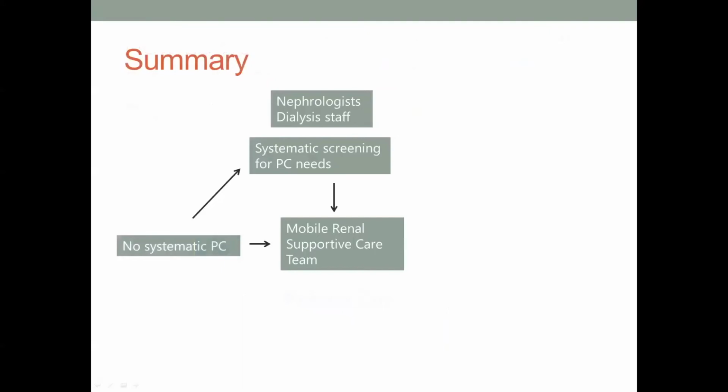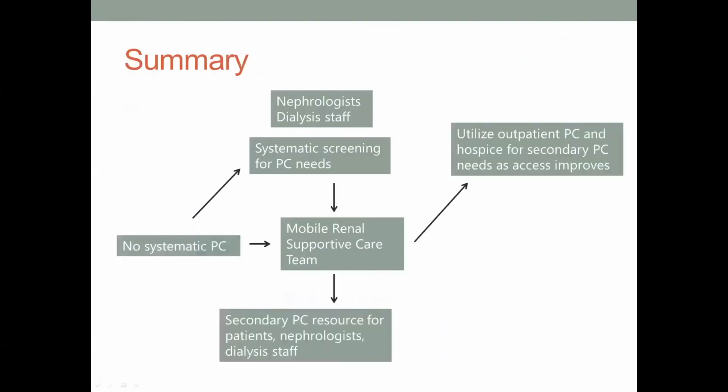We've developed systematic screening, which we will now think about adapting to the new EMR once it is rolled out. We've involved both nephrologists and dialysis staff, and created a specialty level palliative care team that is now a specialty service and resource for our patients, nephrologists, and dialysis staff within ESCO units.